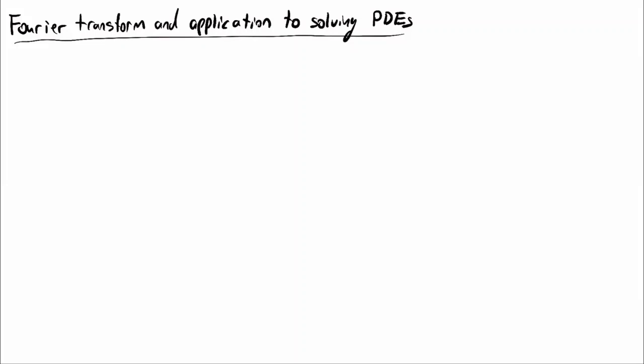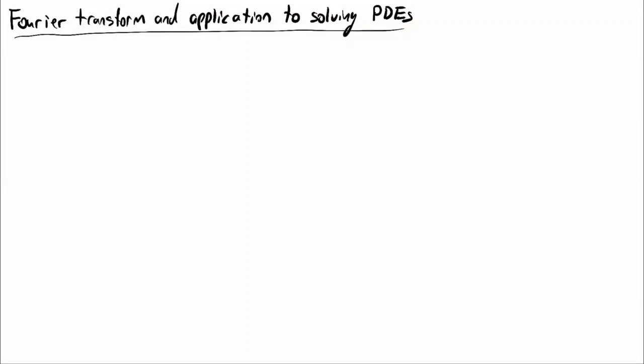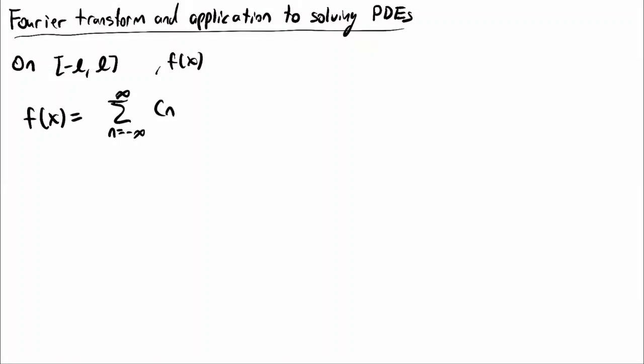And so what's the motivation for arriving at the definition of the Fourier transform? Well, let's suppose that we're on a finite interval, say between minus L and L, and we have some function f of x. Let's write down its complex Fourier series: the sum from minus infinity to infinity of Cn e to the i n pi over L x.